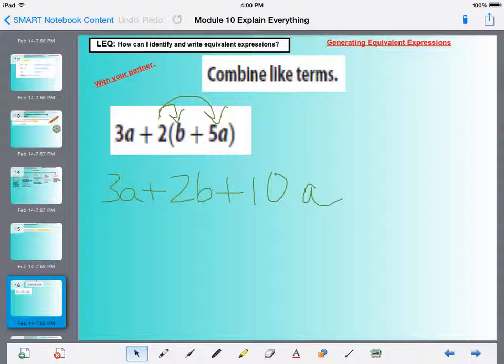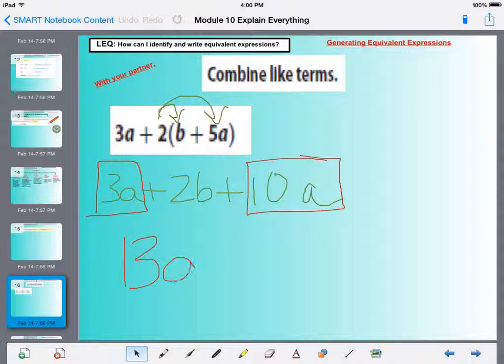I'm looking for terms that are similar that I can combine together, and I can simplify. So I'm going to look at 3a and 10a, and I can combine those like terms. 3a plus 10a is 13a. And I cannot combine the b because there are no other b's there. So 13a plus 2b is my final expression.